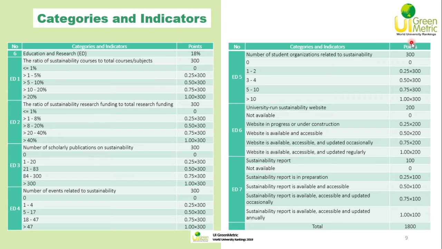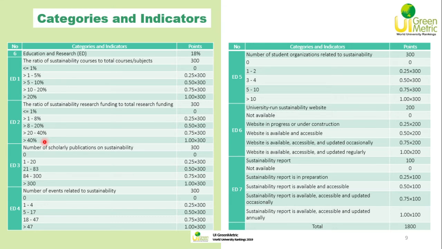As for funding, the requirement is that you allocate 40% of your university research funding for sustainability issues. That is criterion 2 for education, 40% of your university research funding allocated for sustainability issues.